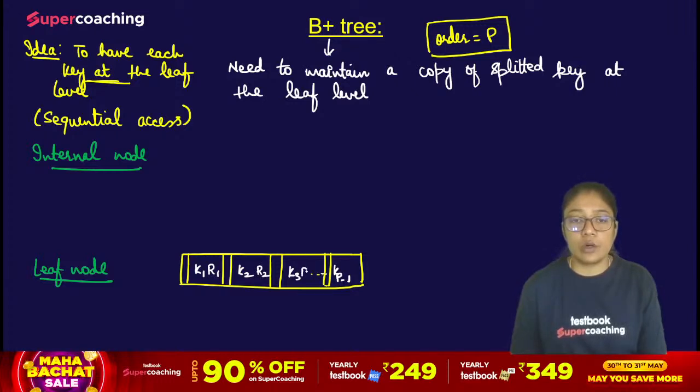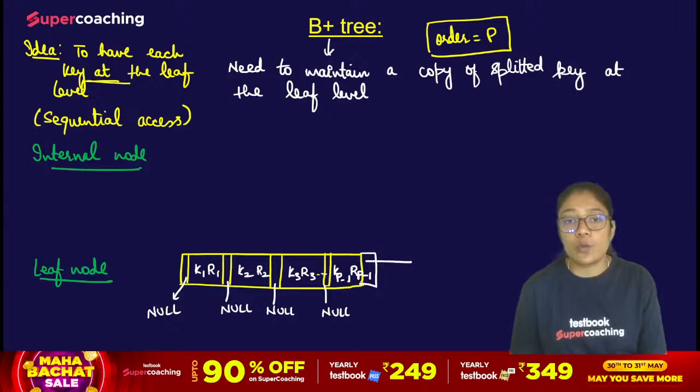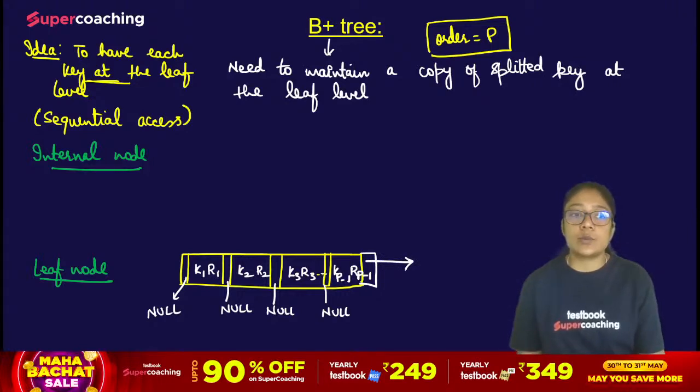Record 2, record 3, record pointer P minus 1. These will be null as this is a leaf node. It will be null. But there will be one block pointer because we want the sequential access. So there will be one block pointer that will be pointing to the next block.